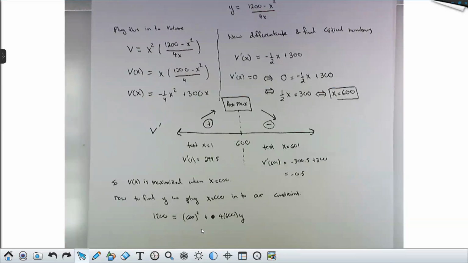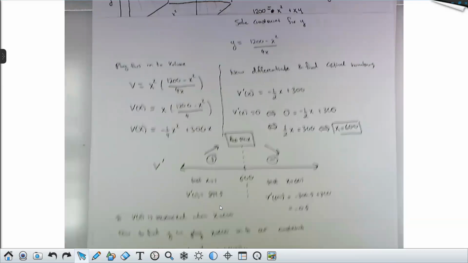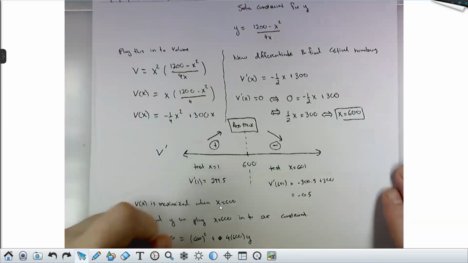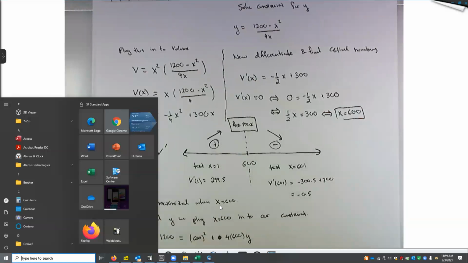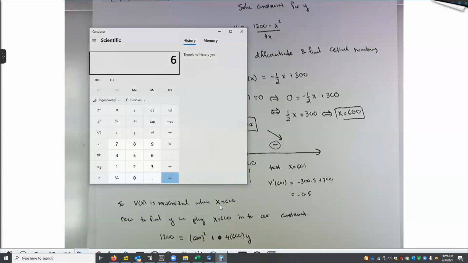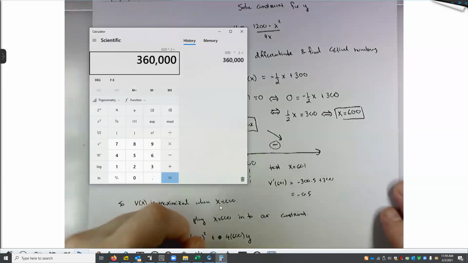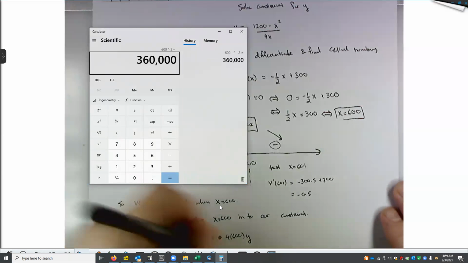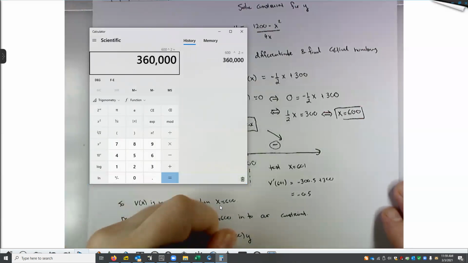And we'll solve this for y. Actually, I think I already had a version of it solved for y. That's okay. So this is 1200 equals 600 squared, which is 360,000, plus 4 times 600, which is 2400, y.